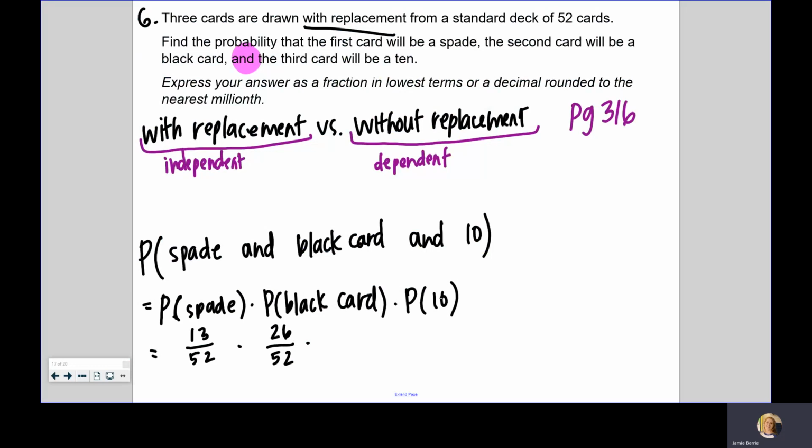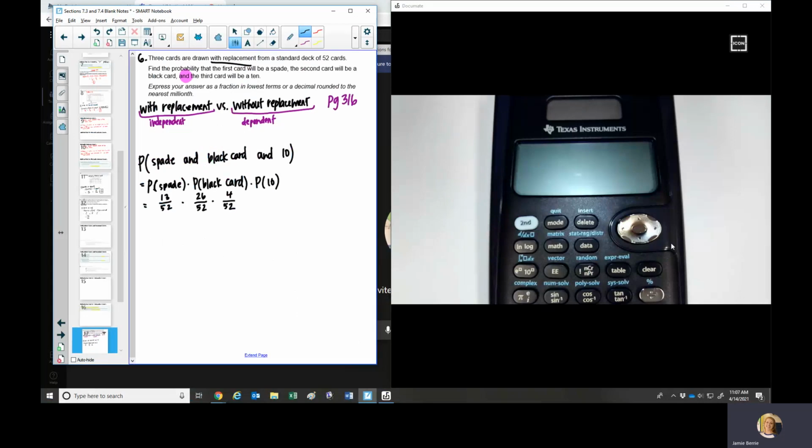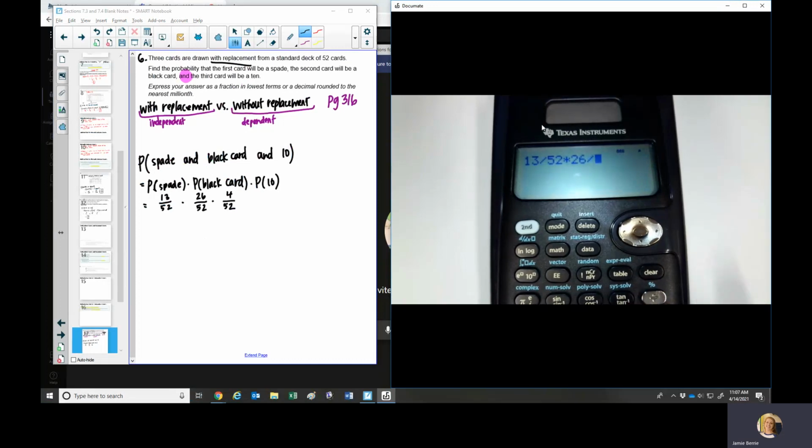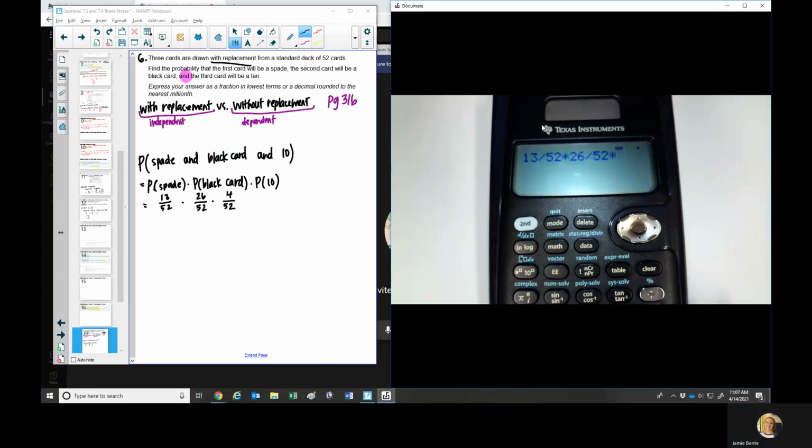And then there's a 10 card in each suit. So there's a 10 that's a spade, a 10 of diamonds, a 10 of clubs, and a 10 of hearts. So there are 4 tens in the whole deck. All right, so let's multiply those probabilities. We have 13 out of 52 times 26 out of 52 times 4 out of 52.